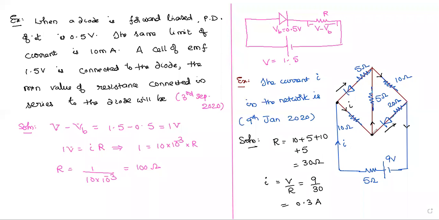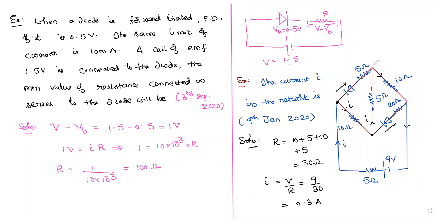Again we are checking, this is a junction, it finds two ways. Again, if the current were supposed to split in two ways, the current should flow through the diode in reverse bias. Reverse bias does not allow. That's why current won't flow through it. That's why without splitting, the same current flows through this resistor.